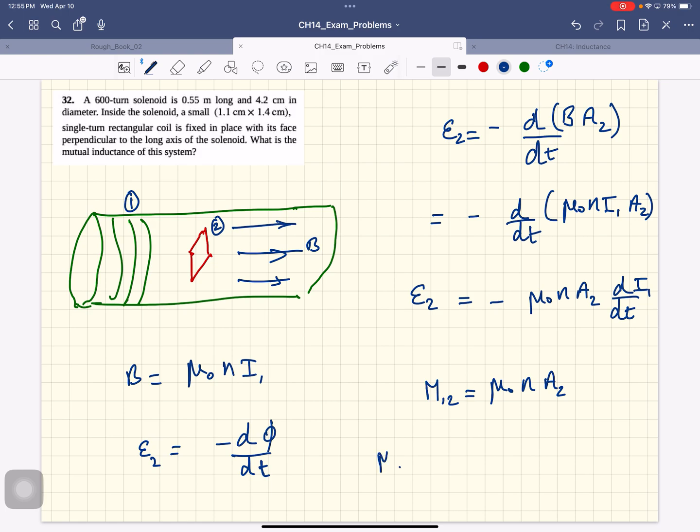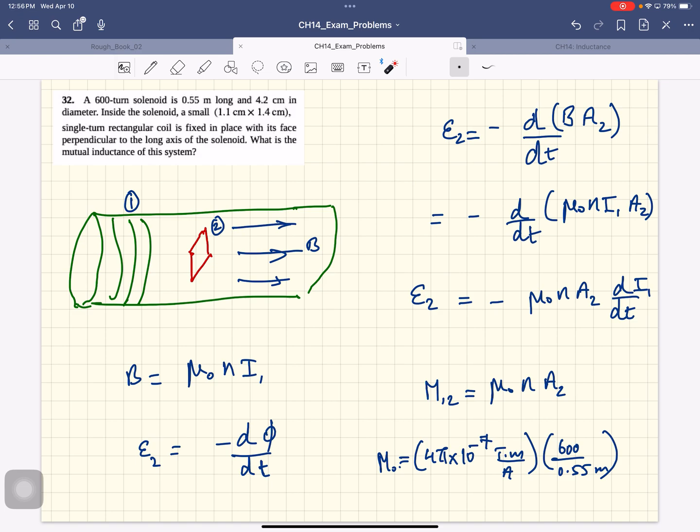All right, now let's calculate the mutual inductance. Mu naught is 4 pi times 10 to the minus 7 Tesla meter per amp. N is 600 turns divided by 0.55 meters. That's N, the number of turns per meter.